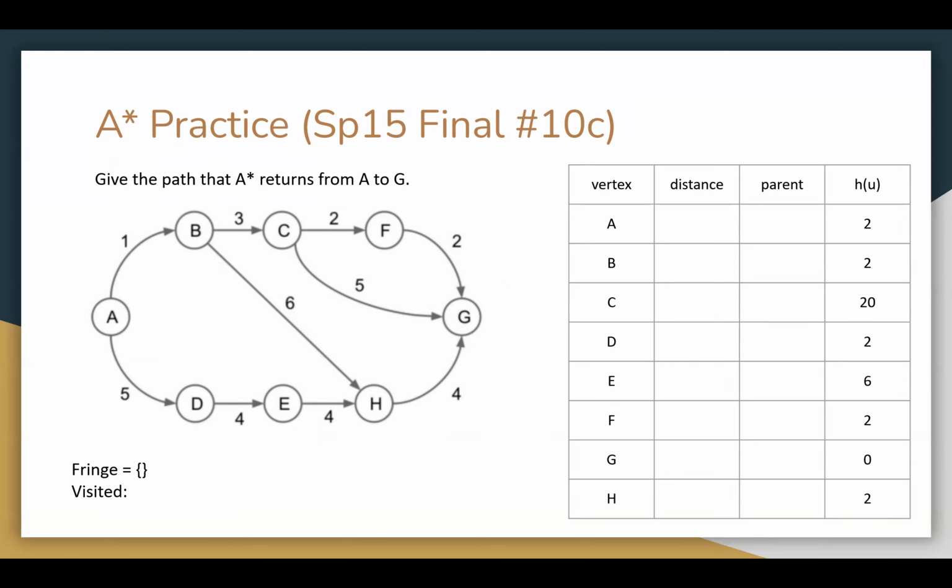So let's see that we have a heuristic value of 2 attached to vertex A, a heuristic value of 2 attached to B. And basically what these values do is that we're looking for our shortest path to G. So what H of A is saying is that it estimates A to be distance 2 away from G. And vertex B is distance 2 away from G, and so on. Does that answer your question? Any other questions?